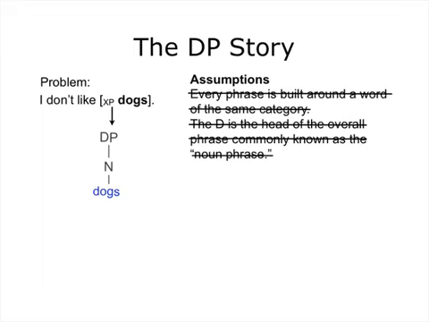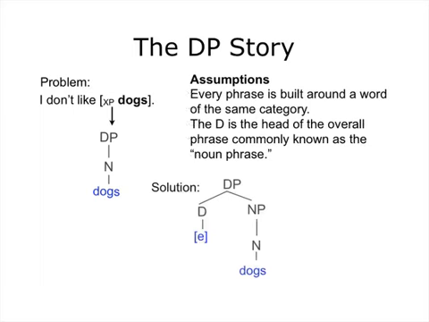So that would be a simple solution in a way, but there's another one, and this is the one that people in this general theoretical framework usually appeal to. It's the one that Abney appealed to. He said, well, you know what, they're all DPs, that's all you ever have, but the DPs can have empty Ds, null Ds, Ds that have no phonological content. And so you can do this, right?